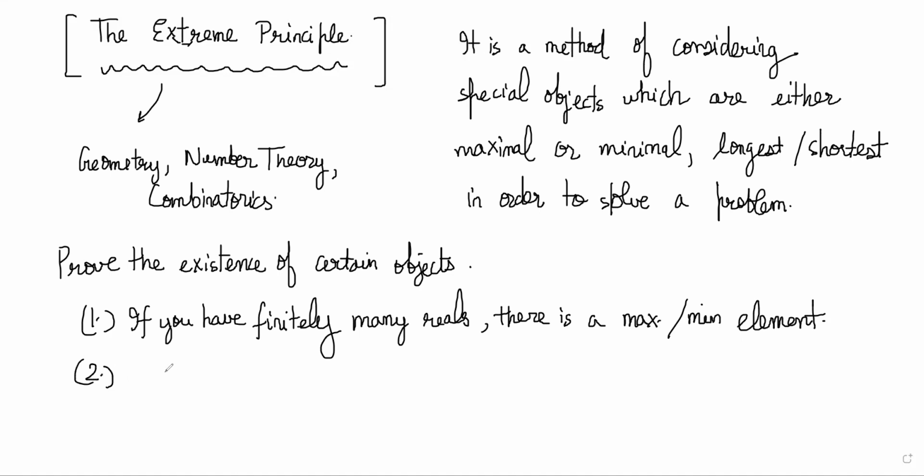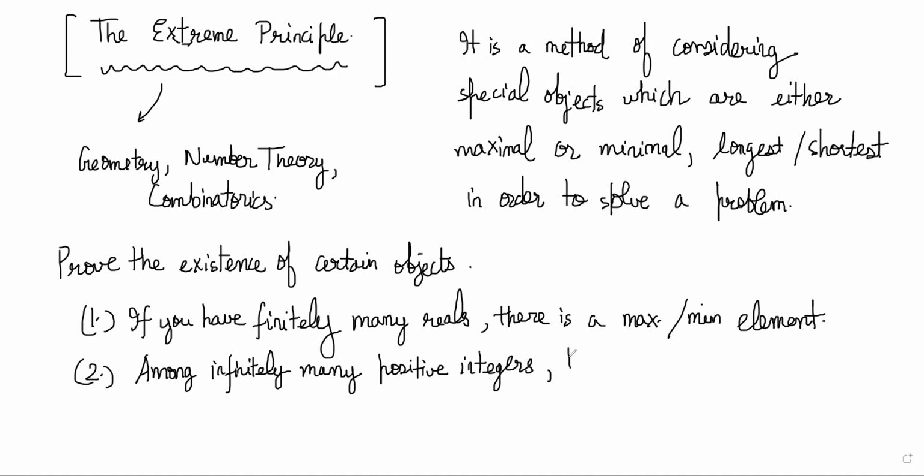Another thing to notice is that among infinitely many positive integers, there is a minimum. So if you have a set of infinite positive integers, there will be a minimum of that set. If you have a set of finite real numbers, there will be a maxima and minima of that set.